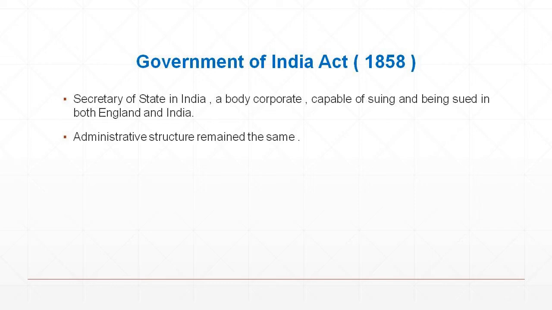It did not bring in many changes. Like, say, for example, in 1853 we see that there are six people who are now legislative councillors. So this is some kind of a change in the administrative machinery. But 1858 did not alter the way in which India was run.